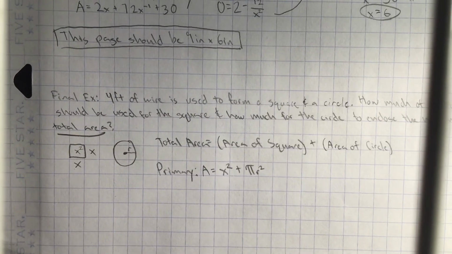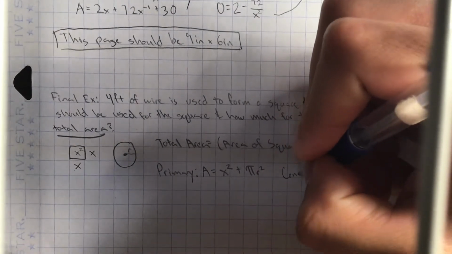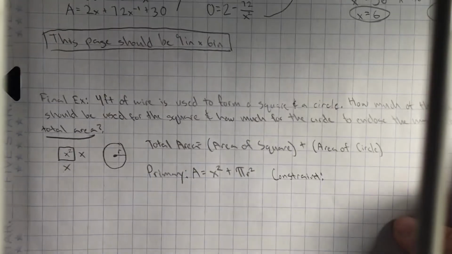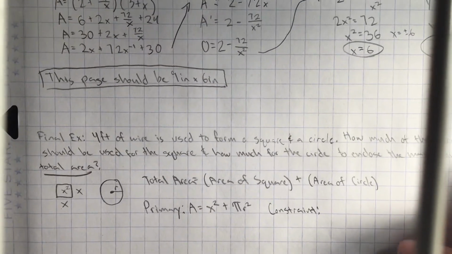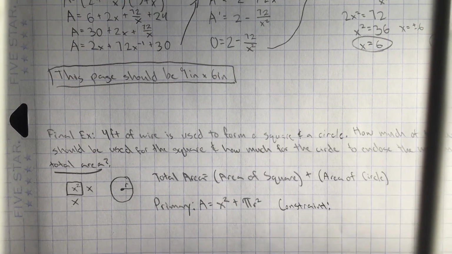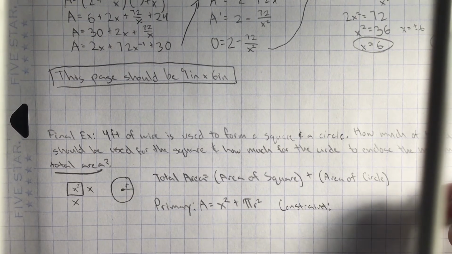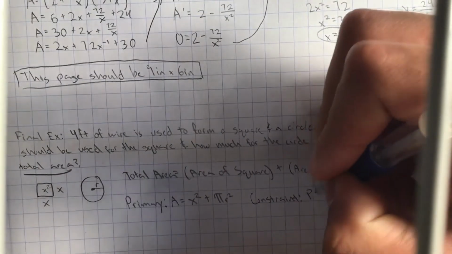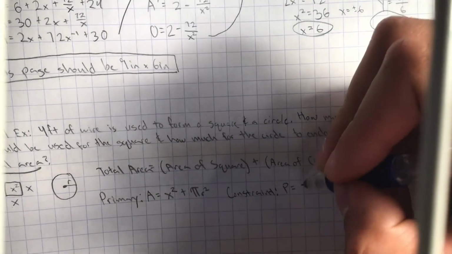And now our constraint. That is going to be perimeter, because the 4 feet of wire is basically a perimeter around the square and circle, and that's what's limiting us. So our constraint is perimeter equals 4 feet.